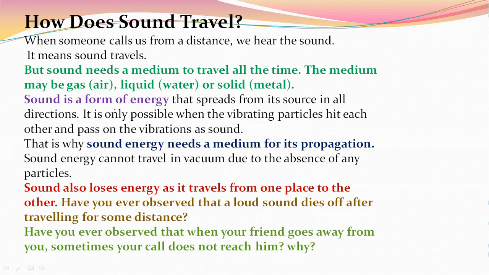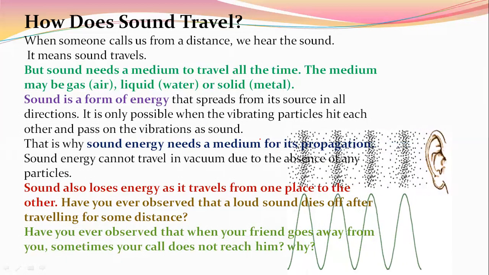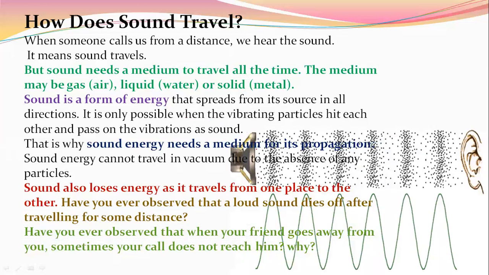So it means sound is a form of energy. We talked about that before in the previous slide. It spreads from its source in all directions, as vibrating particles hit each other and pass on the vibrations as the sound. So you can see this is the source, and where there are too many molecules, here is the upward movement of the molecules.